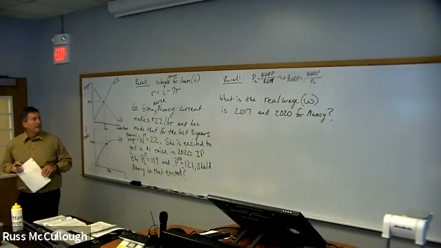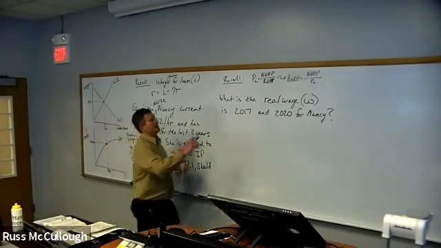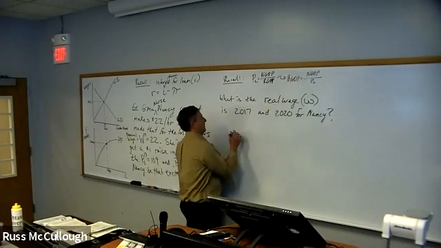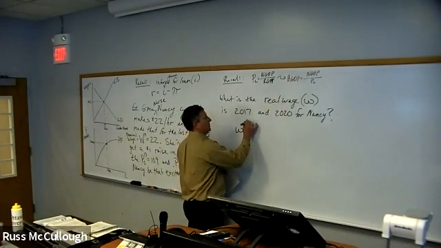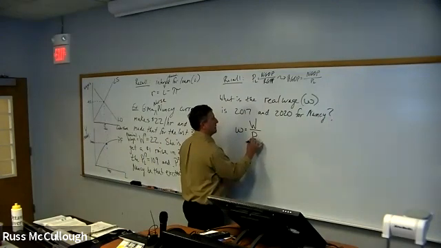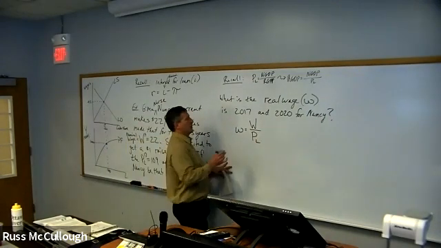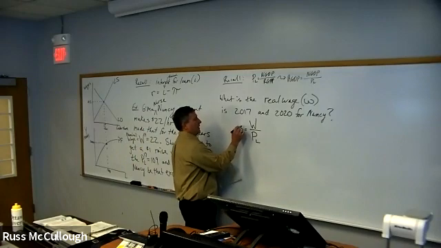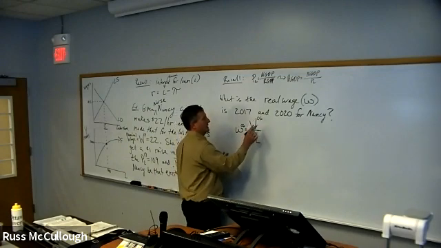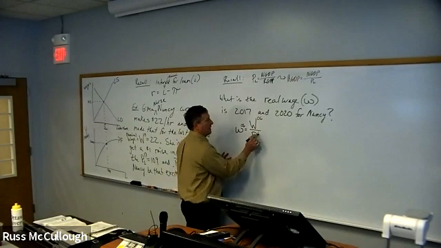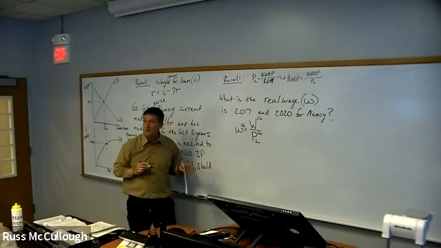We're going to use that same thing here: the real wage is equal to the nominal wage divided by the price level. So for instance, in 2006 it is the 2006 nominal wage divided by the 2006 price level.